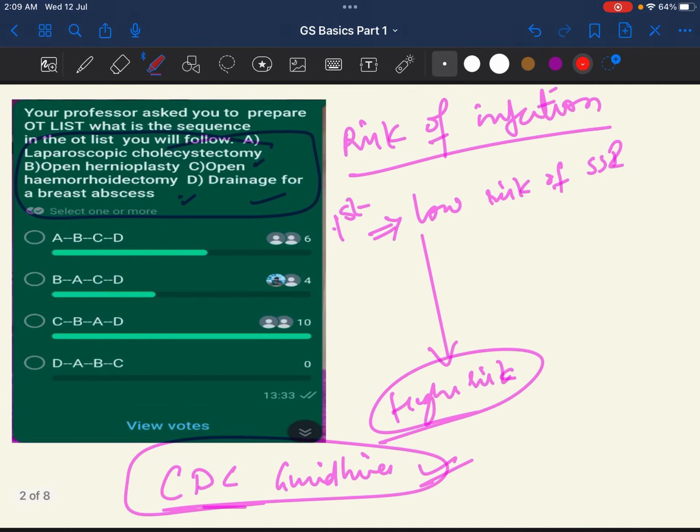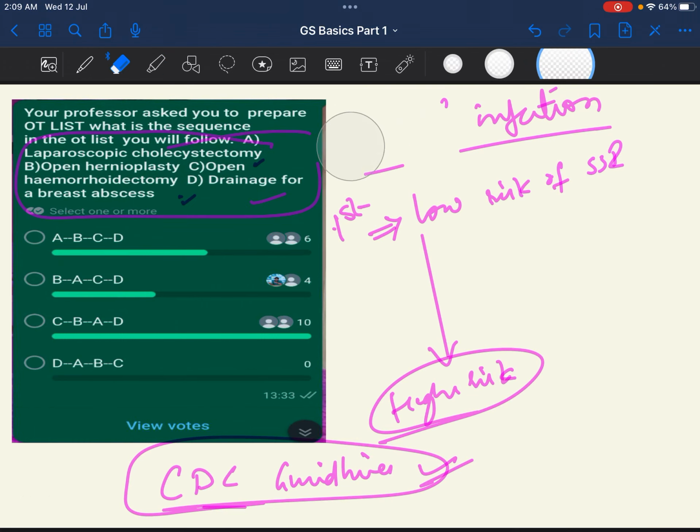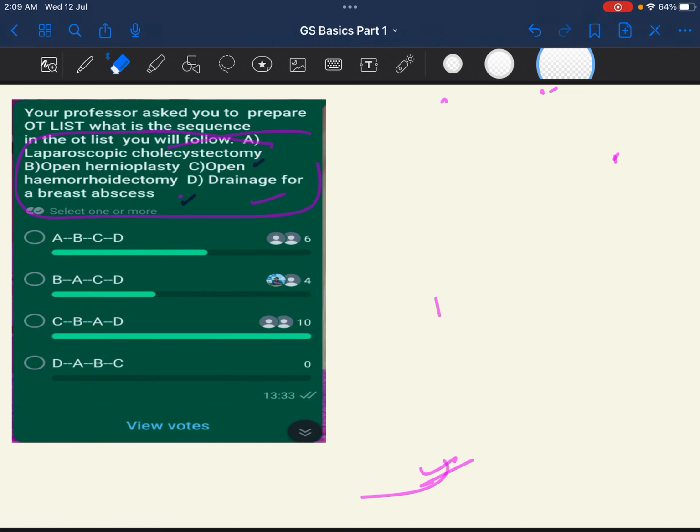So coming back to the question, here the first option, option A, is laparoscopic cholecystectomy.